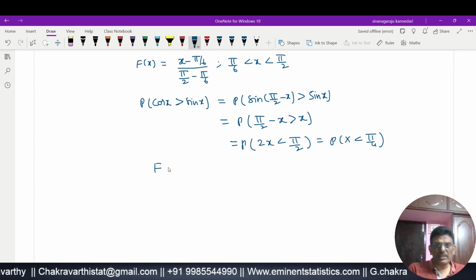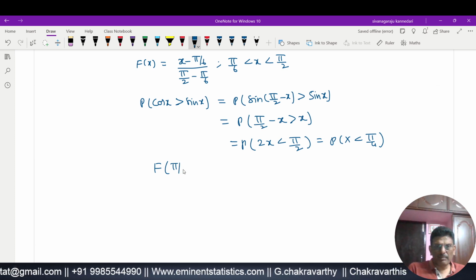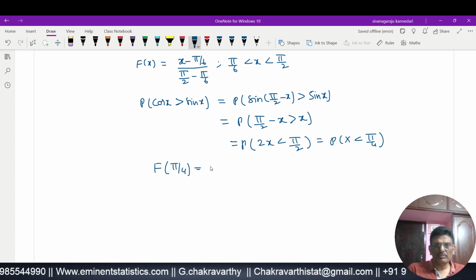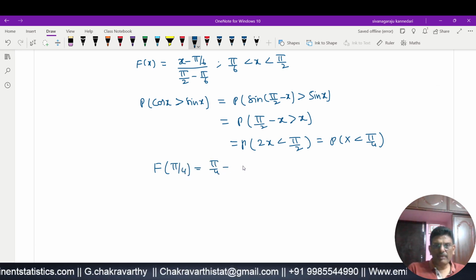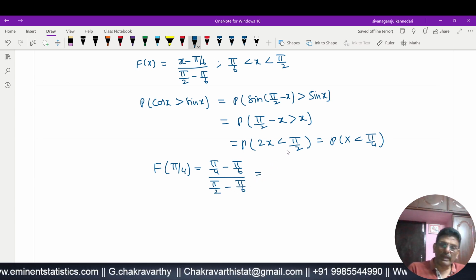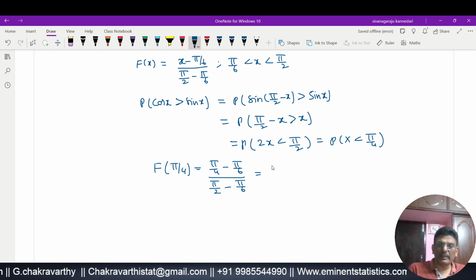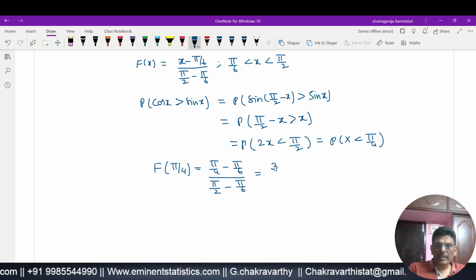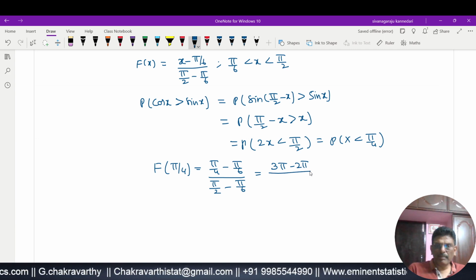Now the CDF is required to solve this one. In place of x, substitute pi by 4: (pi by 4 minus pi by 6) by (pi by 2 minus pi by 6). Now by taking LCM, the numerator LCM is 12, giving (3 pi minus 2 pi) by 12.